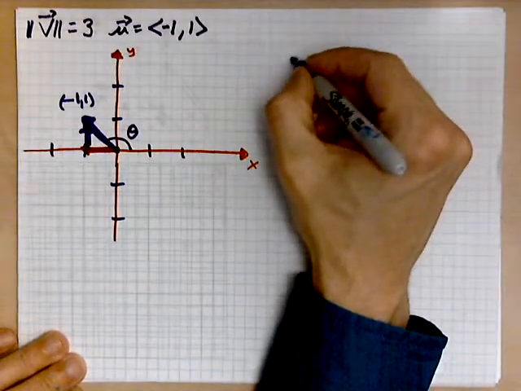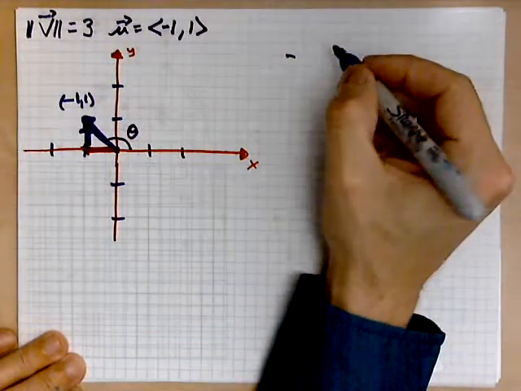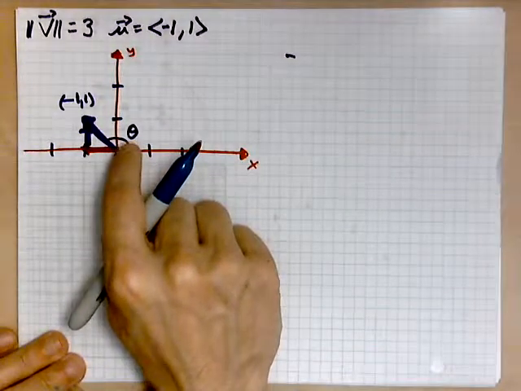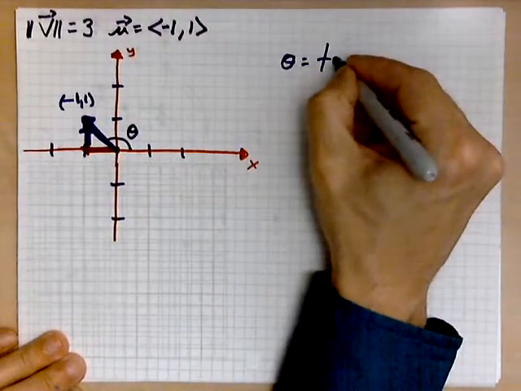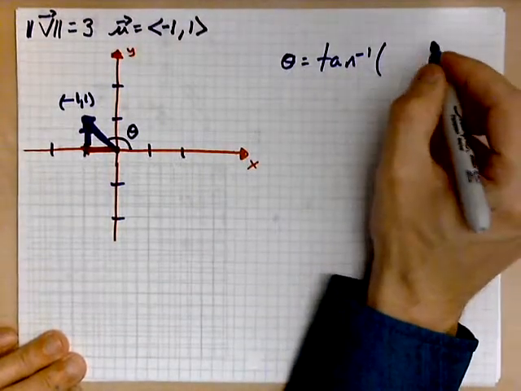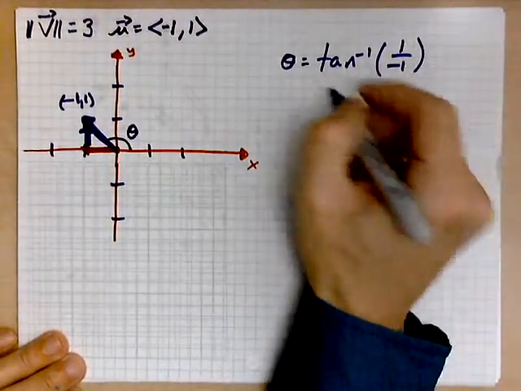This is our angle theta, and let's find it. Here it will be convenient to use the inverse tangent function. So theta will be equal to the tan inverse of 1 over negative 1.